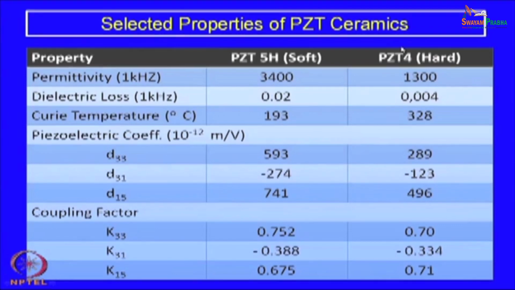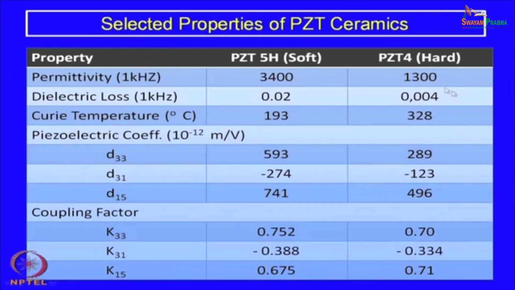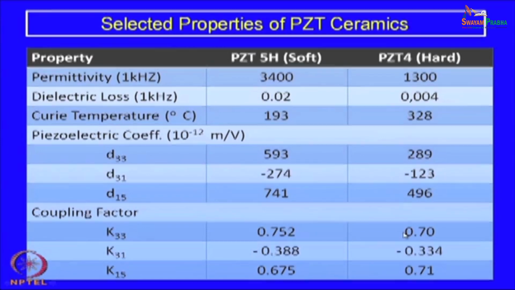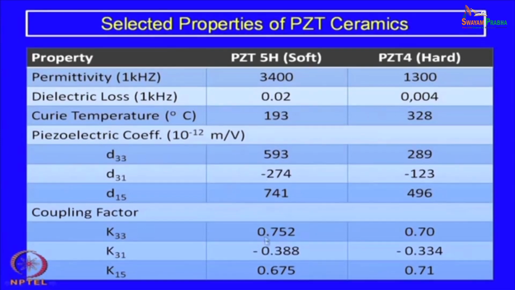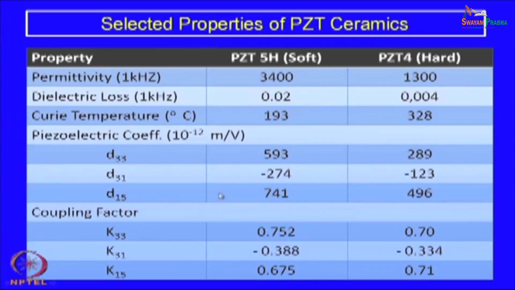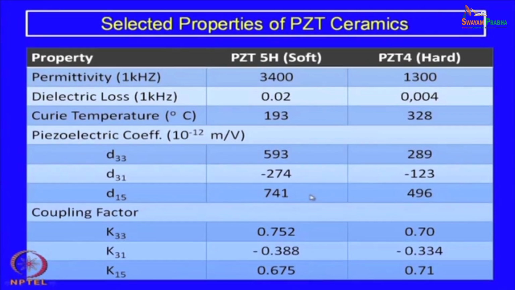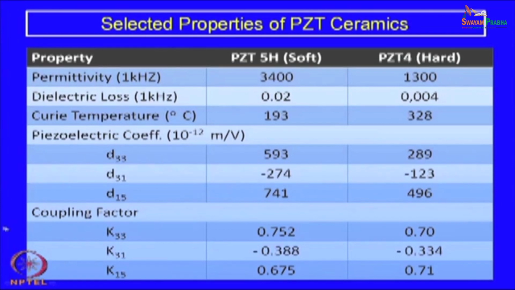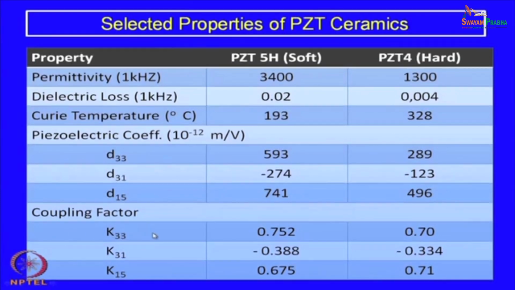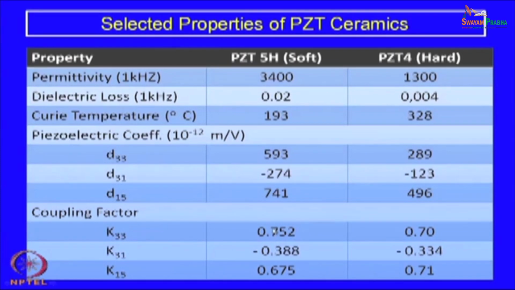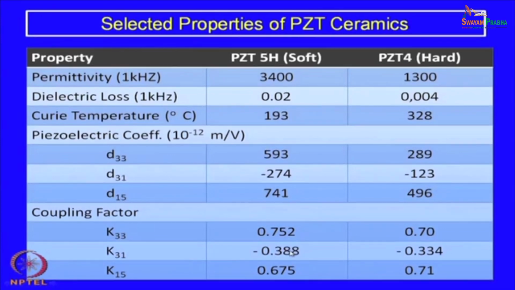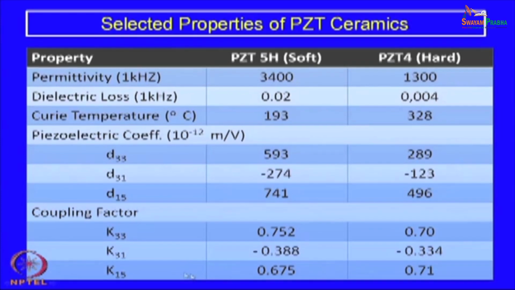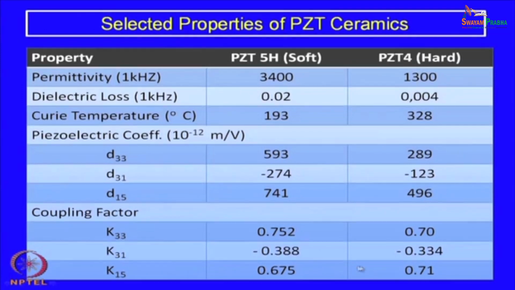So, this group of material or this particular standard is used for one certain application, and this has different applications. Then 741 and 496. Coupling factor, that is the energy conversion ratio, is fairly high, one can say 0.75, 75%, and this is 70%. These are comparable. This is 38 and 33, whereas k15 is about 67 and 70.